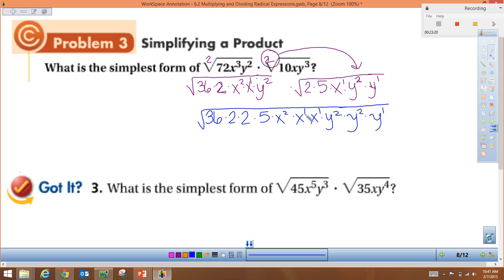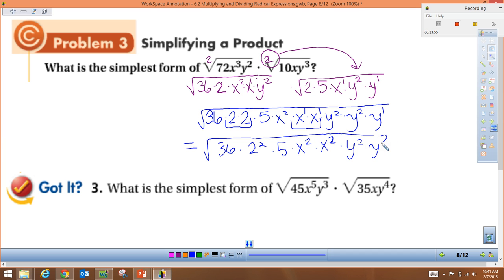Now what we're going to do is look at things that are similar and pair them into squares. Do you see where I'm talking about here? So this will become square root of 36 times 2 squared, which is 4, times 5 times x squared times x squared times y squared times y squared times y.